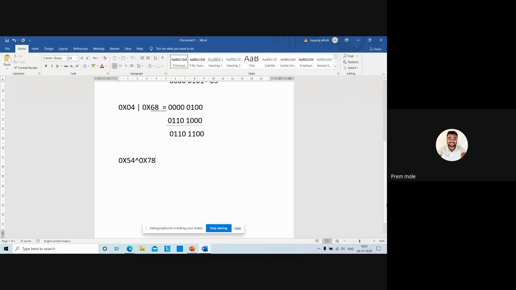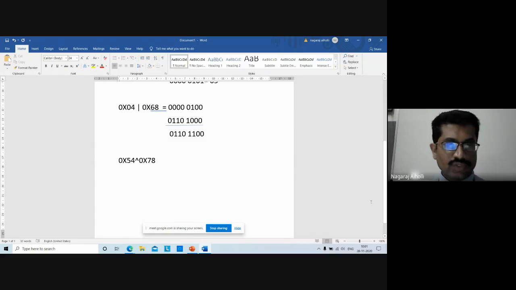The question is 0x54 XOR with 0x78. You have to find the answer.